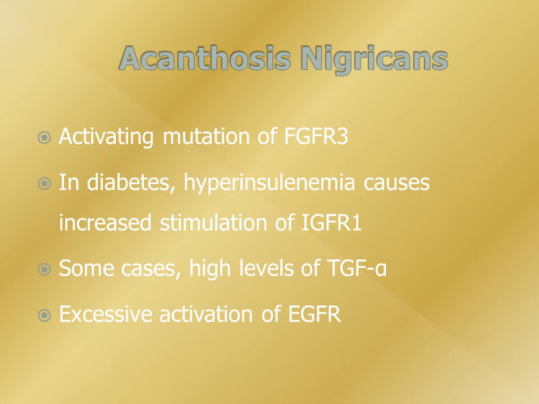Besides insulin like growth factor, activation of fibroblast growth factor receptor 3 also occurs, that is another receptor tyrosine kinase. So these are the two events that are associated with acanthosis nigricans, especially in diabetes. Similarly, in a few cases, high levels of transforming growth factor alpha can also be linked to the development of this condition.